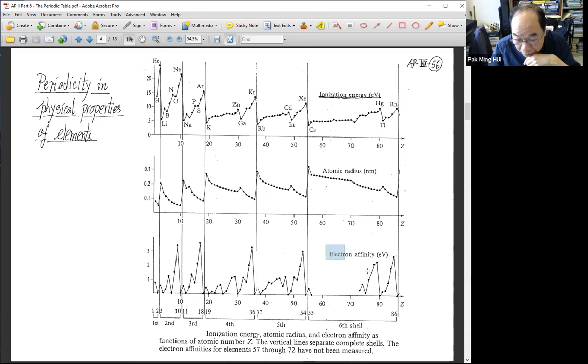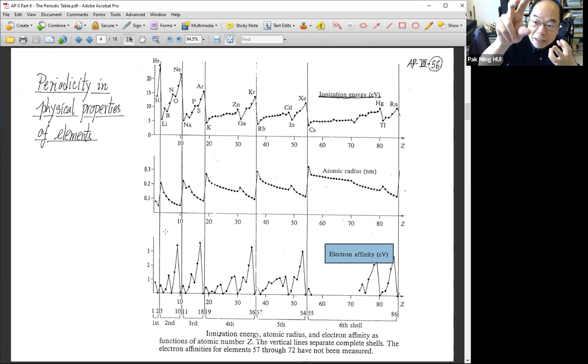I would also like to introduce electron affinity. This is how much energy will be gained when a neutral atom attracts one electron. So I think the most noticeable examples are in the fluorine, chlorine, those halogens. Traditionally, it's called the group 7.